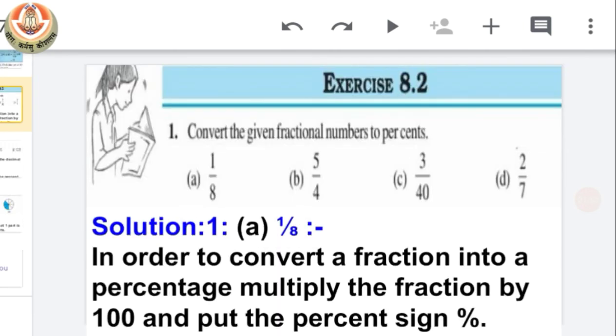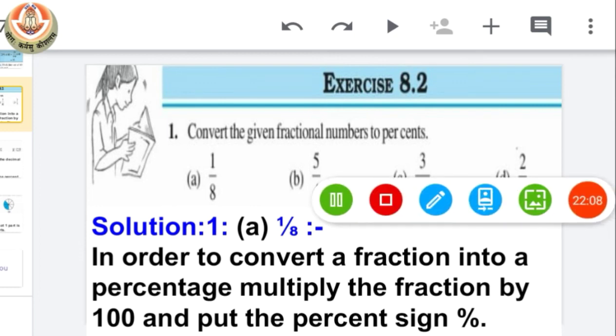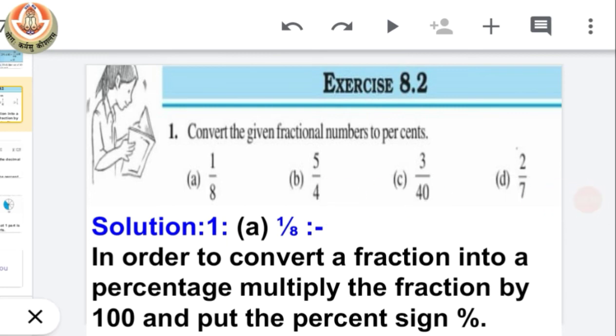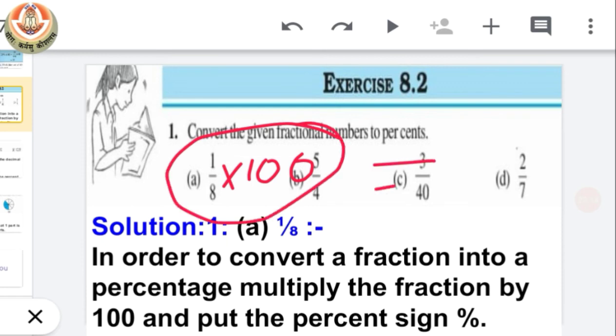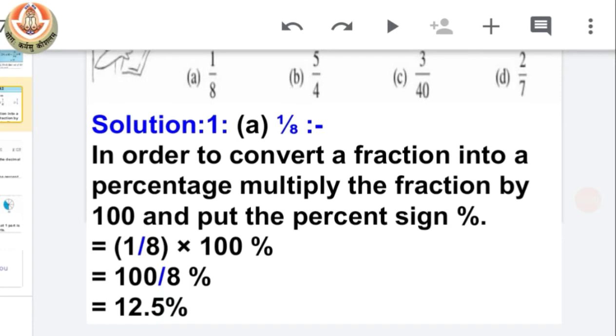Okay, so the first question of exercise 8.2 is: convert the given fraction number to percent. Now we all know that to convert a fraction into percent, we just multiply the given fraction by 100, solve it, and get the answer in percentage. So let's see the first one, that is 1 by 8.